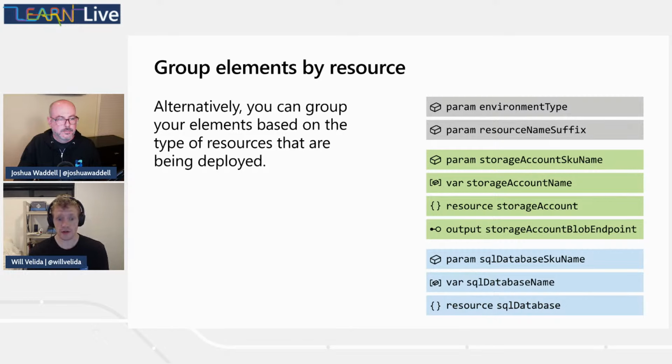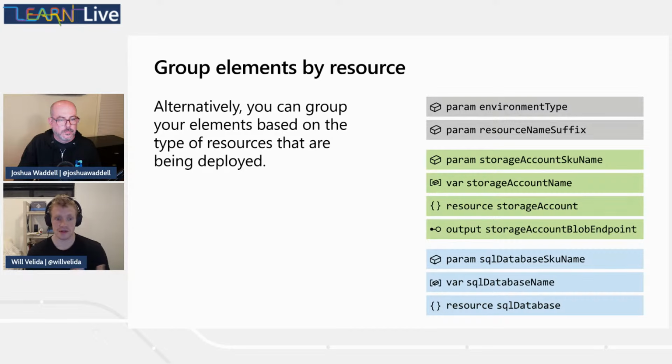Essentially, you can group all the parameters, variables, resources, and outputs that relate to those resources. And this can make your template easier to read, because all the elements you need for a specific resource are grouped in one place. So as we scroll down the template, we go, okay, all of these elements belong to a storage account.